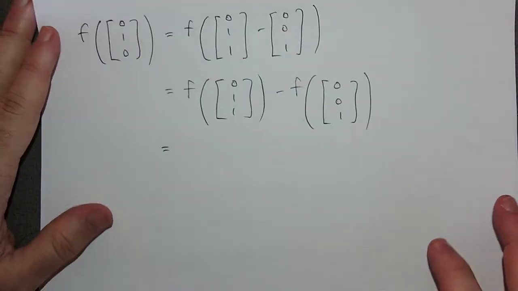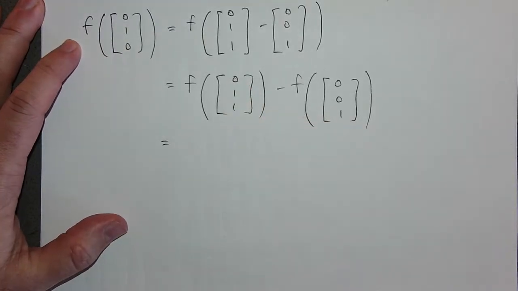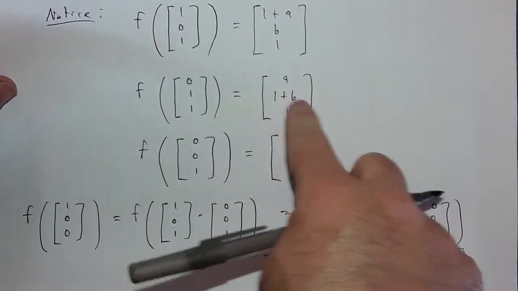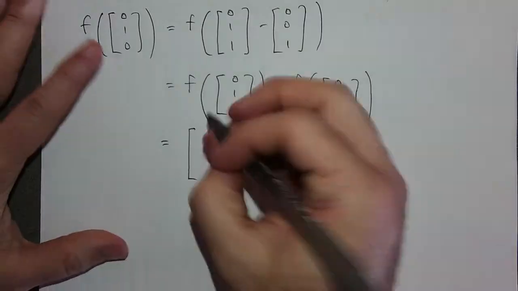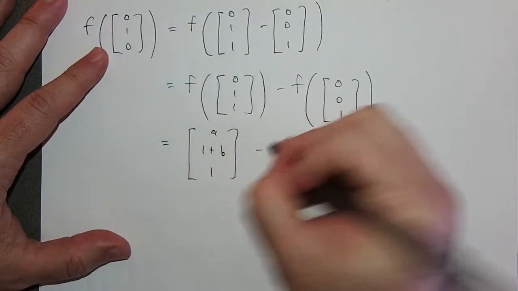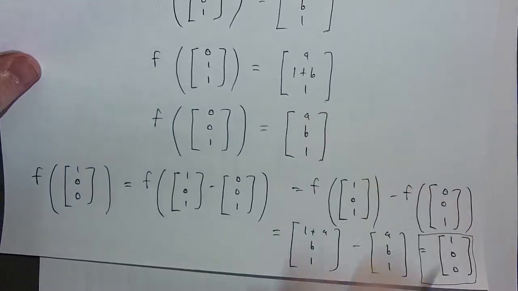Which is f of (0, 1, 1), what did we say that was? Going back on our previous page here, this is (a, 1 plus b, 1). Minus f of (0, 0, 1) from before is (a, b, 1).